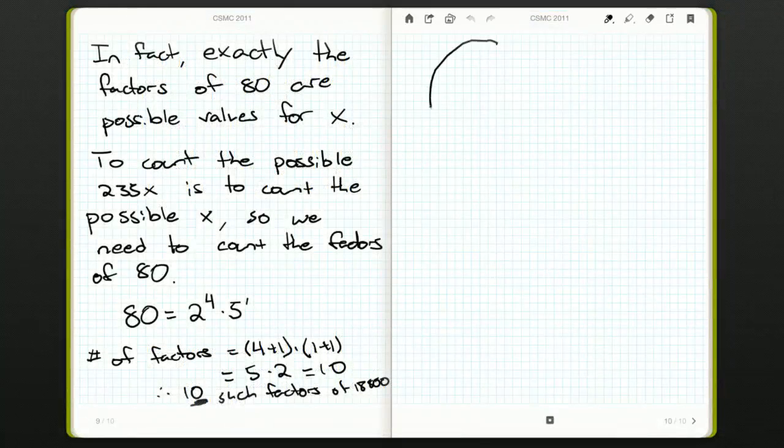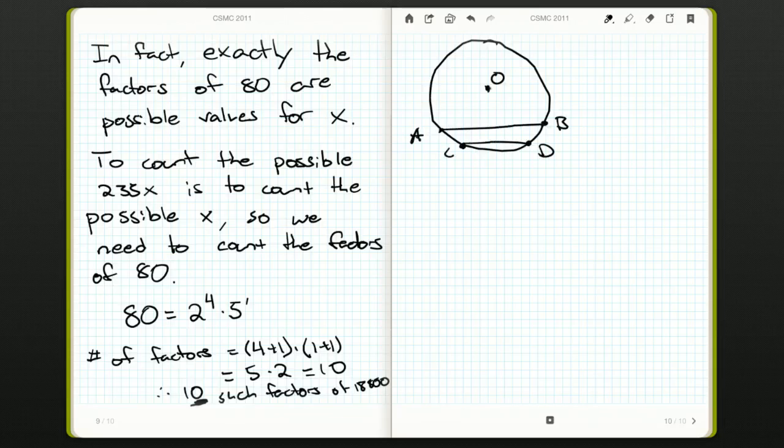So let's draw ourselves a little bit of a picture here. We have O, A, B, C and D. We'll label F and E in there.